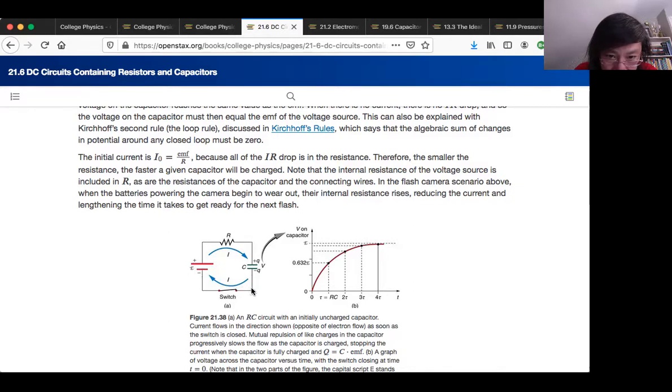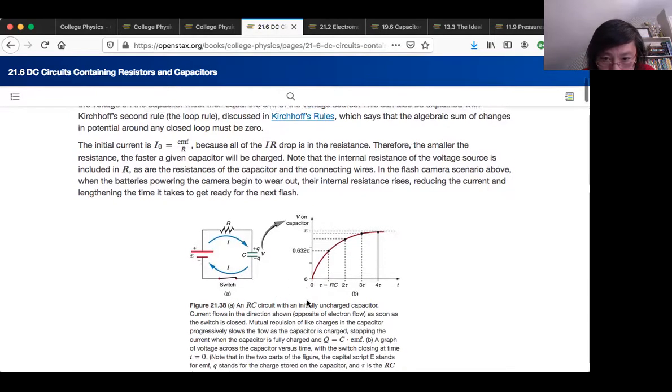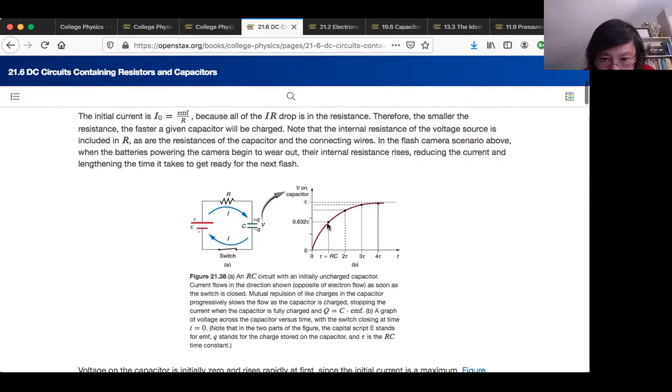So what happens? The voltage on the capacitor will slowly increase to the total electromotive force of the circuit, okay? And the amount of time it's going to take is given by the RC time. They call it tau, okay? And it can either increase in this case or decrease.